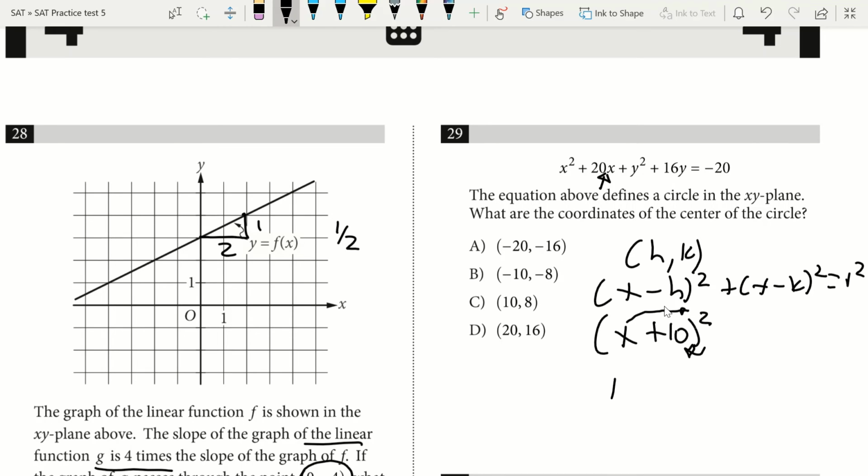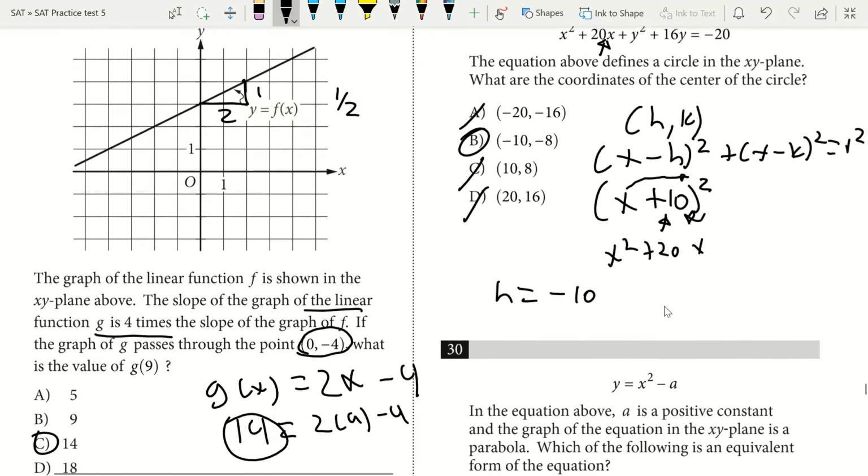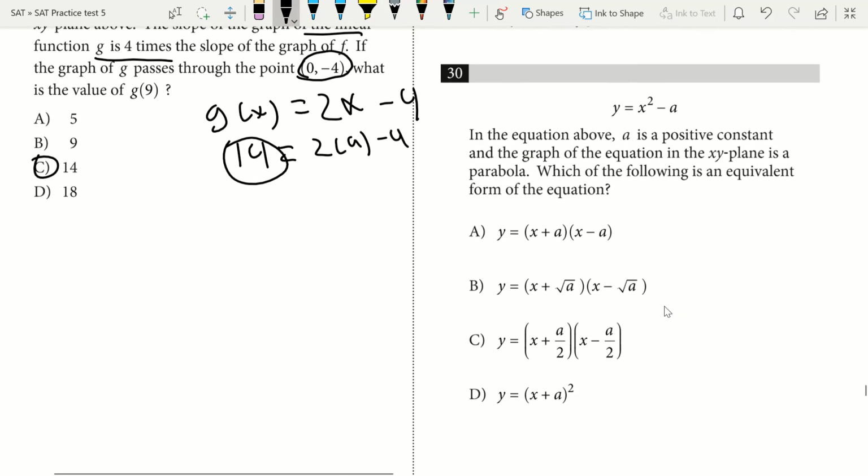And when I do that, I'm going to get x squared plus 20x, right? So in order for me to have this plus 10 here, I have to have minus h. Well, h will have to equal negative 10, because negative minus negative will get me that positive, that x plus 10. So I know that my x value has to be negative 10. The only answer choice with that is B, so B will be my answer.